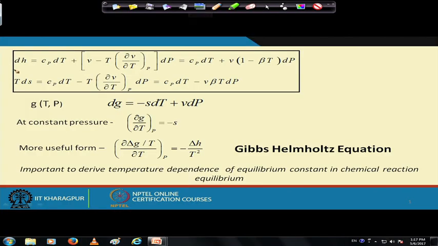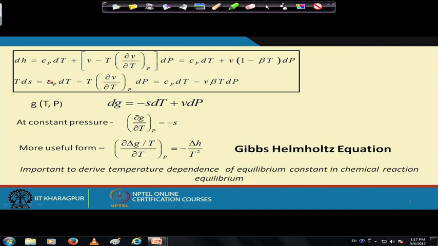During the discussion, I had mentioned that the two most frequently used measurable properties are temperature and pressure, because they are easily measurable and can be easily controlled and regulated. Accordingly, in the last class we expressed enthalpy change and entropy change in terms of changes in pressure and changes in temperature.